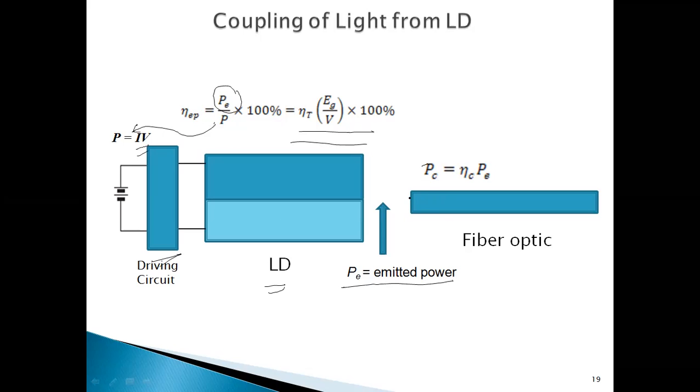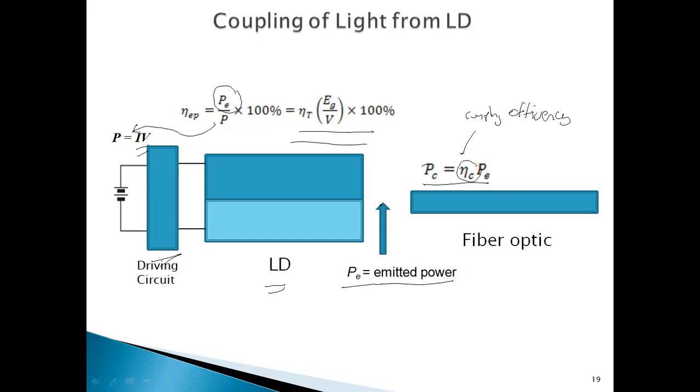Similarly, from what we learned previously in lecture 7 on how the light is coupled to the optical fiber, we have been using this equation, where PC is the coupling power into the fiber optics, and this is the coupling efficiency into the optical fiber, based on the value of PE.